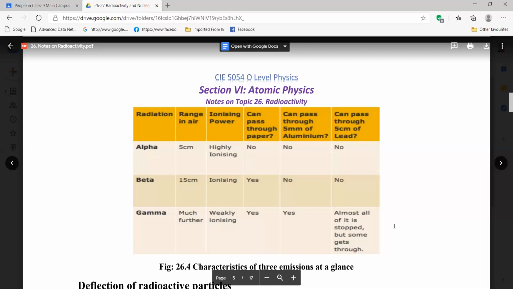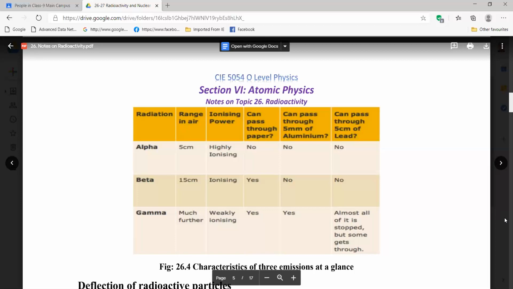Beta can pass through paper, but it cannot pass through 5 millimeter of aluminum, nor can it pass through 5 centimeter of lead. The range of gamma in air is much farther, and the ionizing power is weak. Gamma can pass through paper and 5 millimeter of aluminum, but while passing through 5 centimeter of lead, almost all of it is stopped, but some get through.